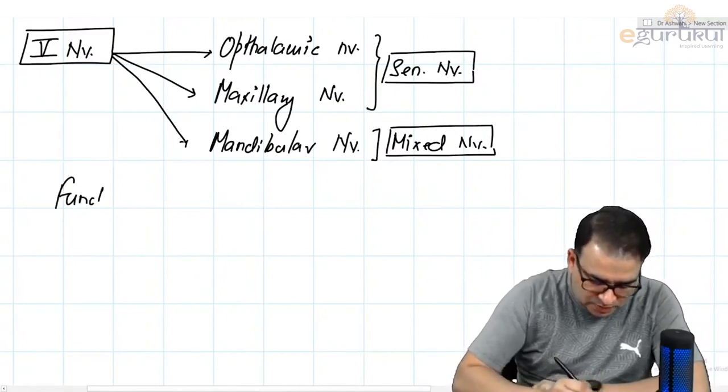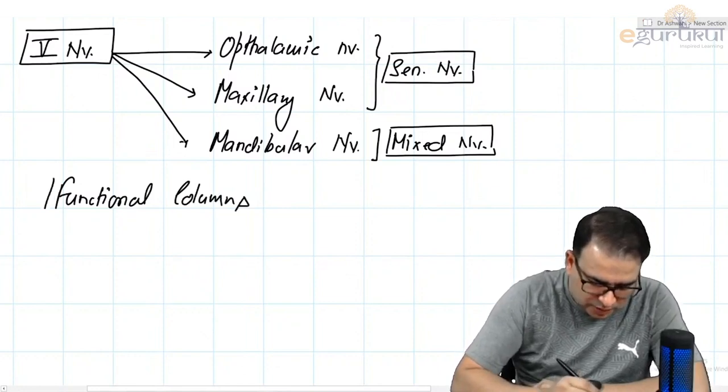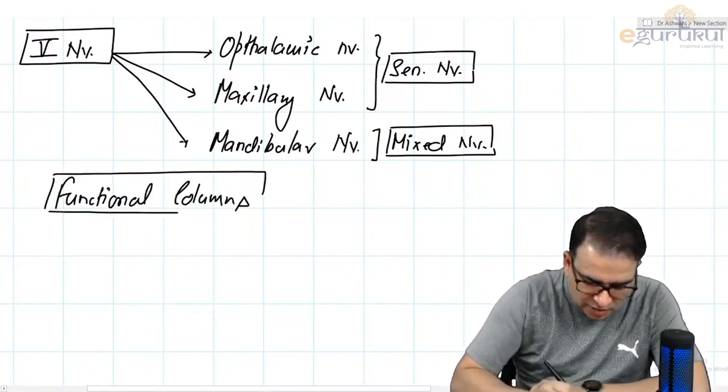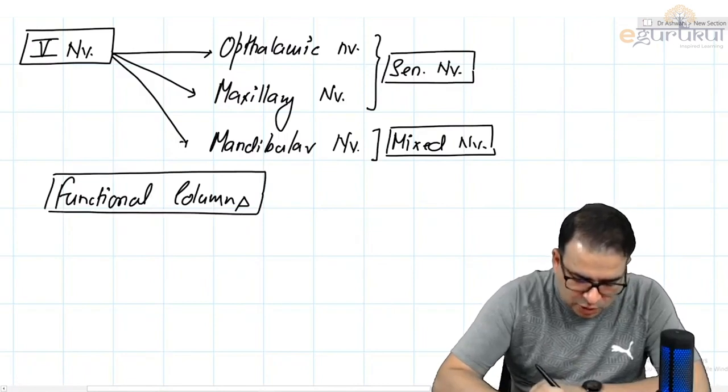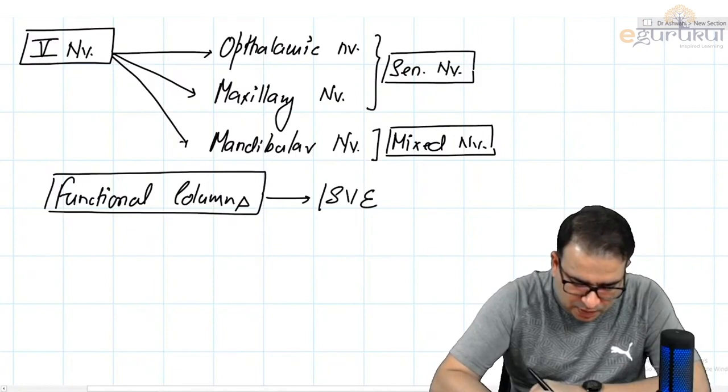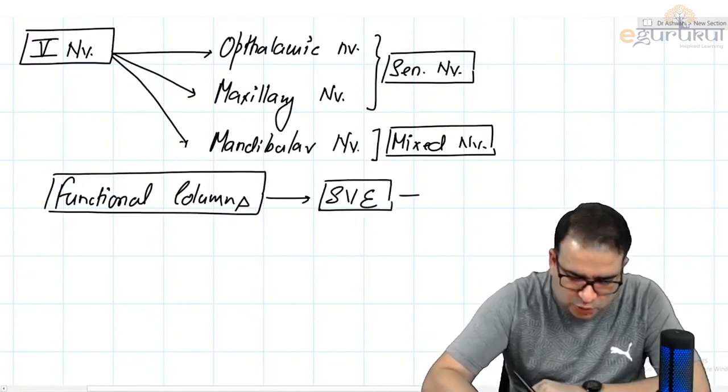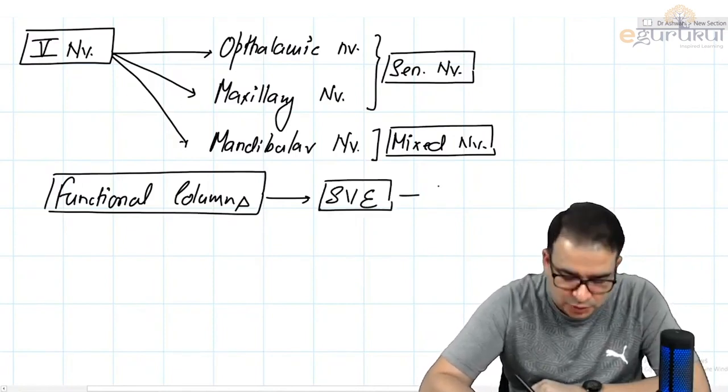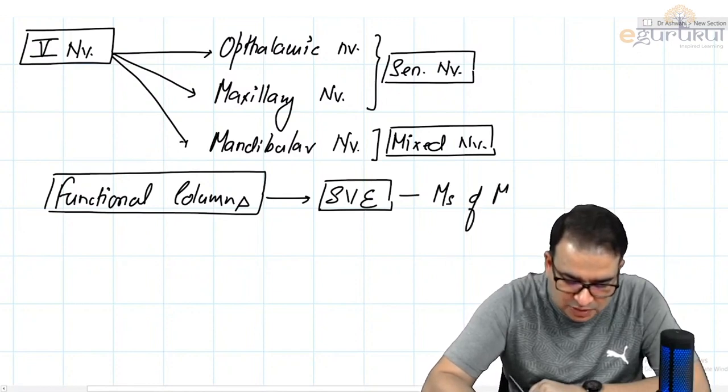I'm writing these functional columns in the beginning because we already discussed the cranial nerve nuclei. There are two functional columns. One is SVE. Why SVE? Because it is going to supply the muscles derived from the pharyngeal arches. Which muscles? Muscles of mastication. We will see that.